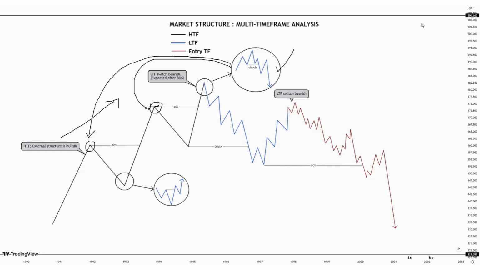Okay, let me just make it a bit fancy. So you have one big candle, right? Then we have this one coming downside.